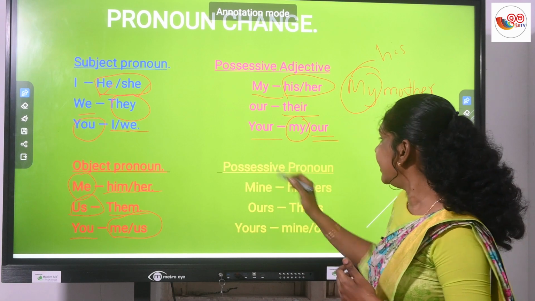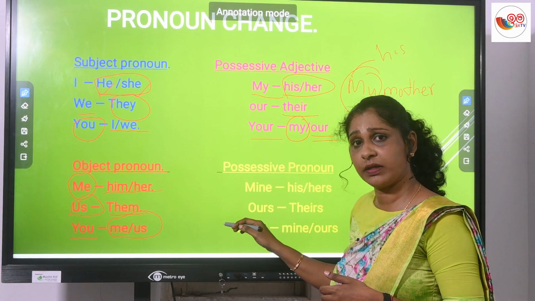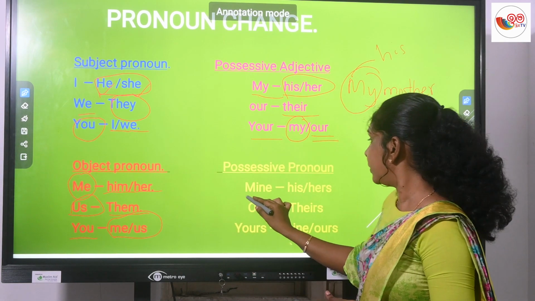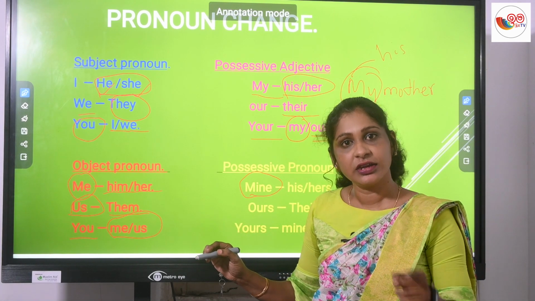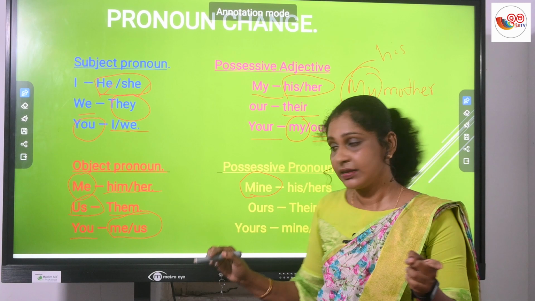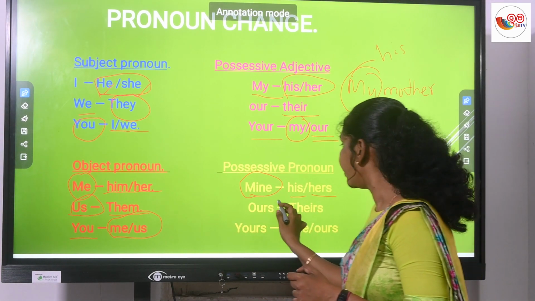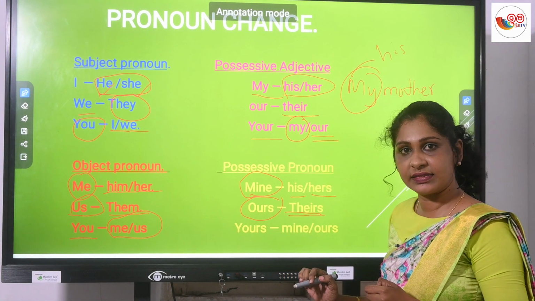Okay. Next one, possessive pronoun. This also talks about the ownership of someone, but it won't come with a noun. So if you have mine in your direct speech, you write his or hers. If you have ours, you change it to theirs.